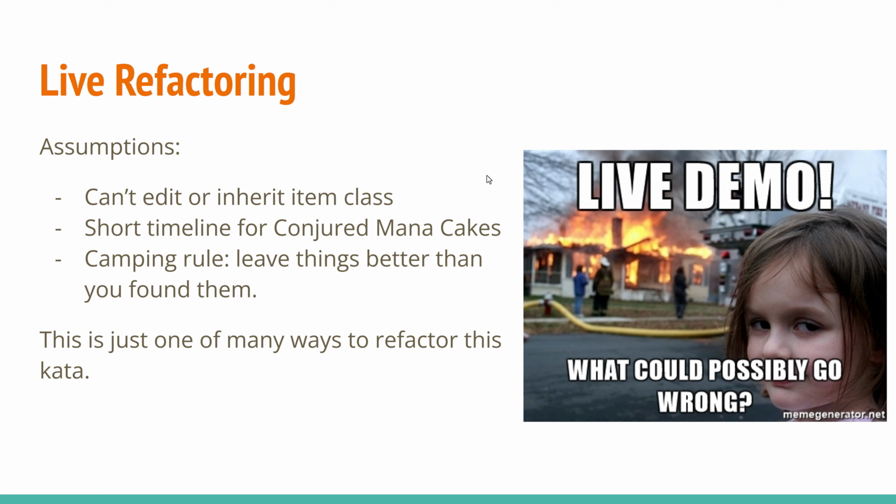And I always try to follow the camping rule anytime I edit code, or when I actually go camping. It's just leave things better than you found them, leave it a little bit nicer, clean up after yourself. Don't make a class or a method worse with your changes. There are lots of ways people can do this refactoring, so go Google it, you'll find lots of people with different ways to refactor this.